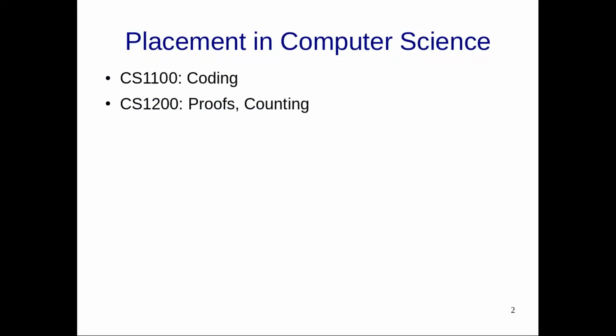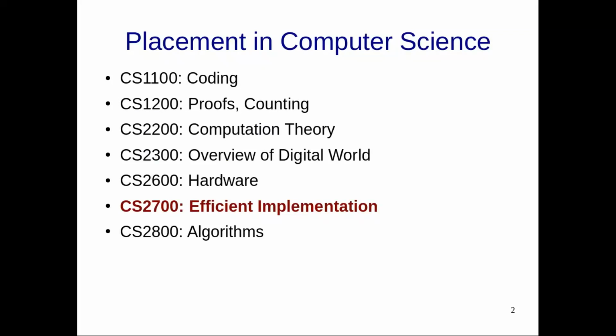CS 1200, which is discrete mathematics, talks about proofs, talks about counting. So those are the primary aspects that students learn in discrete mathematics, in contrast to more like an analog mathematics, continuous mathematics, which we have been studying in, let's say, 11, 12 standard or even after coming here.